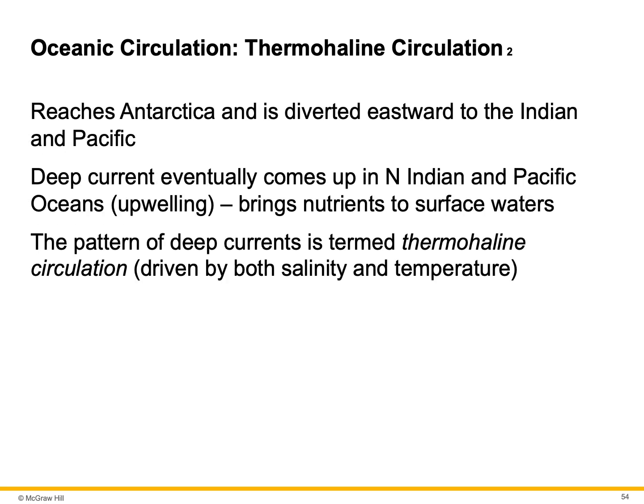When it reaches Antarctica, it's diverted eastward to the Indian and Pacific, and the deep current eventually comes up in the North Indian and Pacific Oceans. This is called upwelling. It brings nutrients to surface waters. The pattern of the deep currents is termed thermohaline circulation, which is driven by both salinity and temperature.